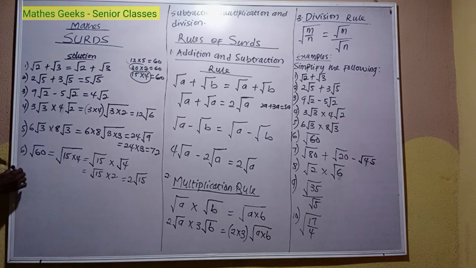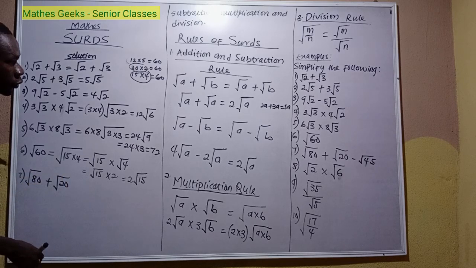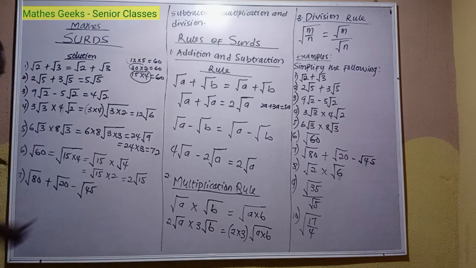Number 7, root 80 plus root 20 minus root 45. So the same thing here. We're going to get two factors of 80.